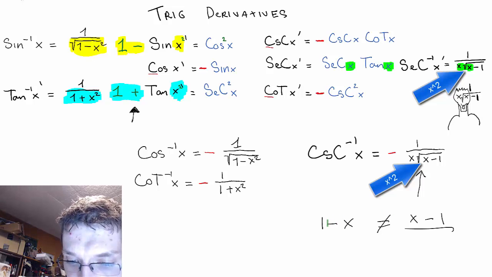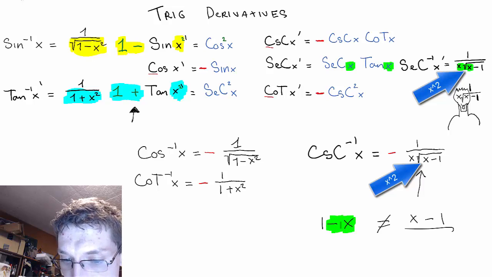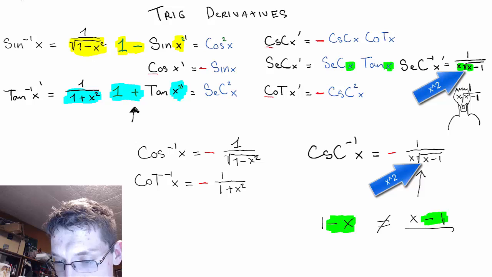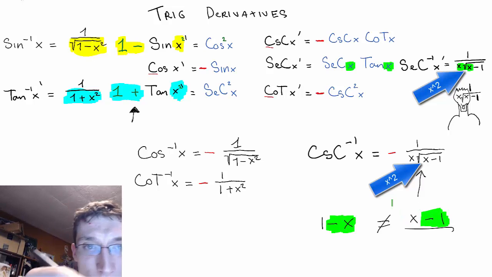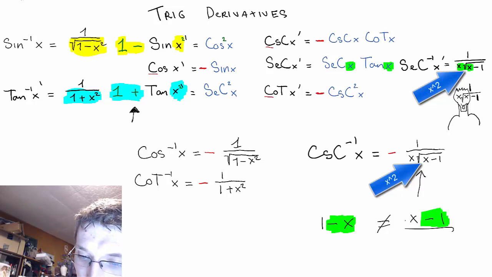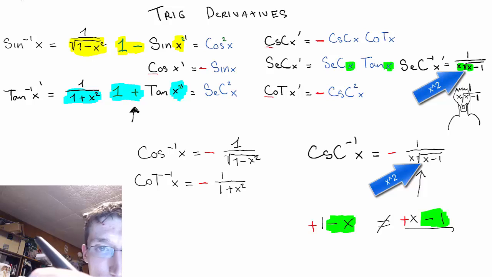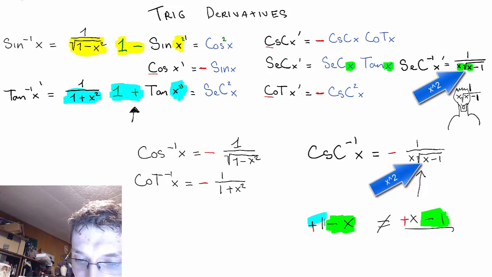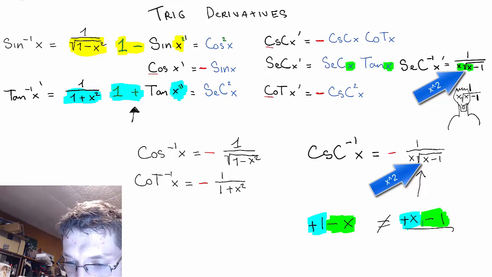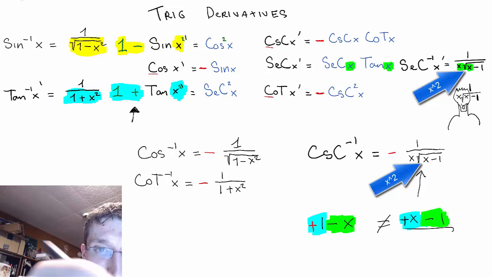Okay, because the negative sign travels with the term. So it's the negative 1 here and the positive x. Okay, so this is a big difference. That is something definitely to look out for.